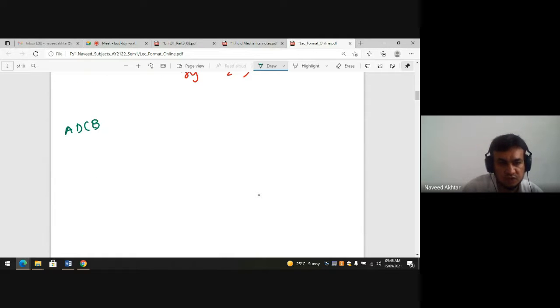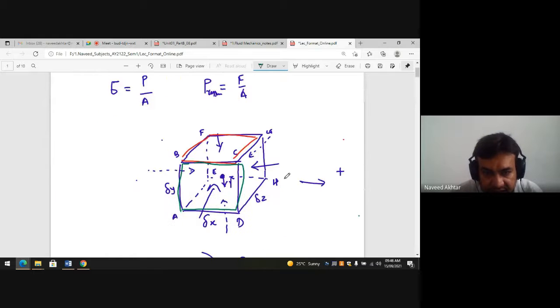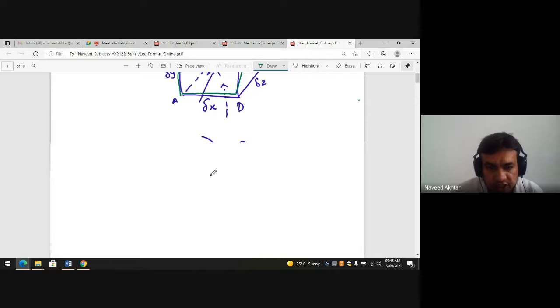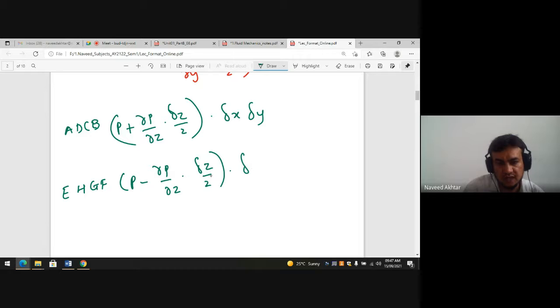It is the positive z direction, P plus ∂P/∂z into δz by 2 into δx δy. Similarly, the opposite face, the negative z direction, that is EHGF, is P minus ∂P/∂z into δz by 2 into δx δy.